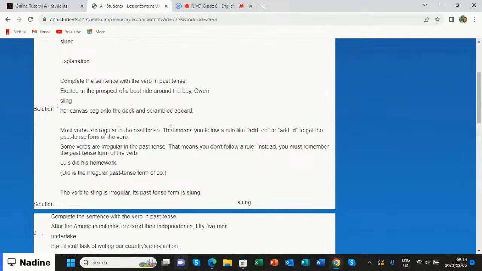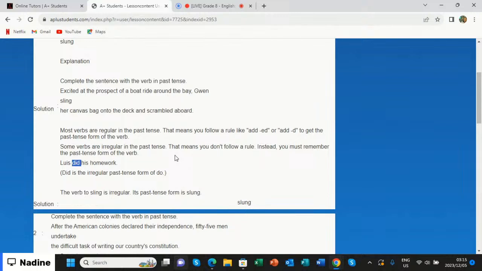So if we look at the example, it says Louis did his homework. The word did is our verb. Did is the irregular past tense form of the word do.